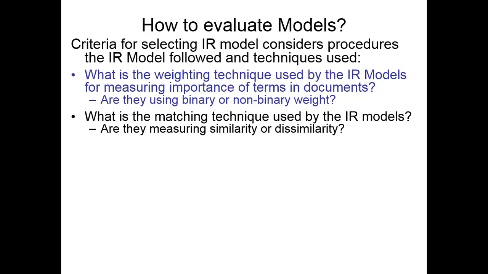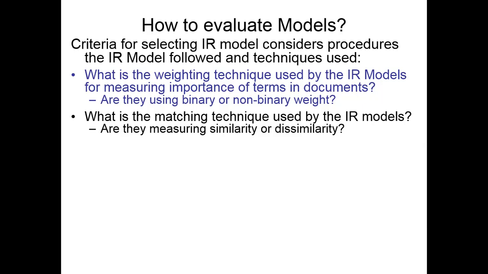In fact, whether you are using a similarity or dissimilarity measure, the only difference is that similarity measurements give the highest value for a document similar to the query, but dissimilarity measurements give a high score for those documents which are dissimilar, irrelevant, or less relevant for the query.